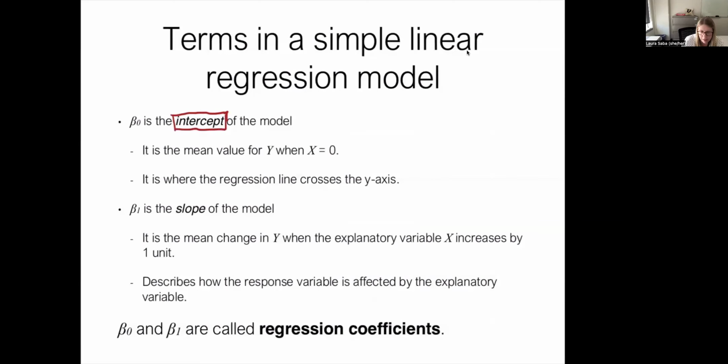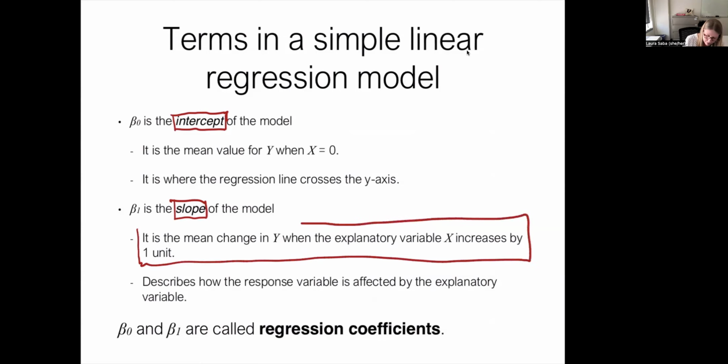On the other hand, we call the beta 1 the slope of the model. And so slope is the mean change in y when an explanatory variable increases by 1 unit. So this is a really helpful definition when thinking about how to interpret that beta, right?